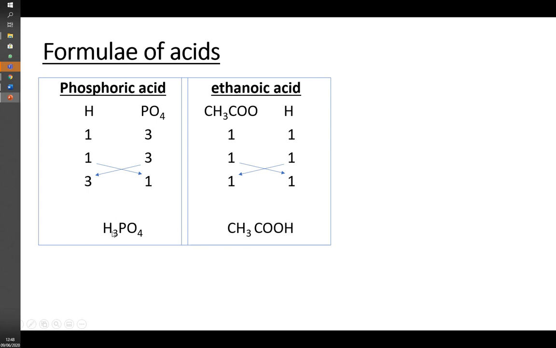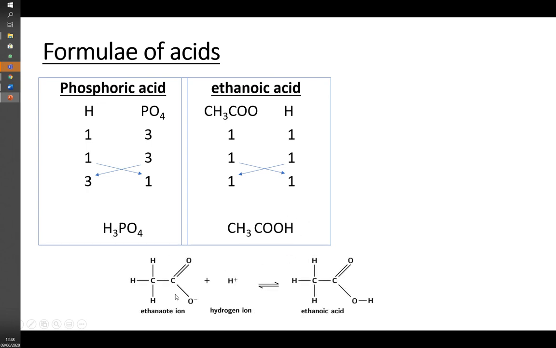So you can now see that the H is actually coming at the end of this formula. It's not at the beginning like for all of the other acids we've seen so far. The reason for that is if you look at the structure for the ethanoate ion, this is the CH3, a carbon with 3 hydrogens attached to it. And this is the COO minus. This oxygen here is where the hydrogen is going to join on to. So this is the H plus ion, and it's going to join on to this O minus bit there. So this is what it forms, and this is actually the structure for the ethanoic acid.